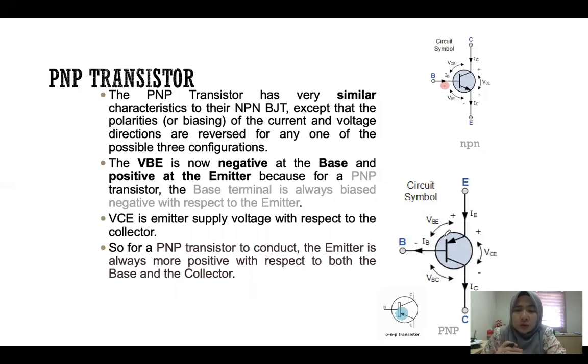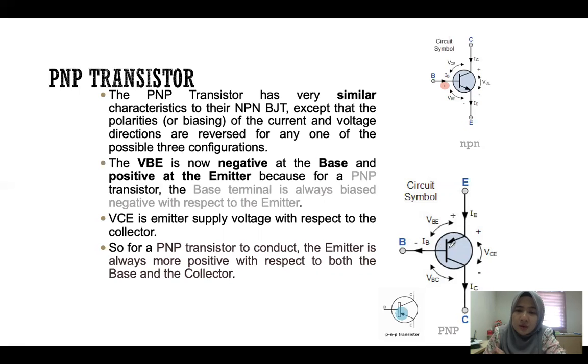Remember, given a circuit like this, usually we don't label E, B and C. You should know by yourself. How to know is based on the arrow. Since the arrow is over here, you should know that this is the emitter.